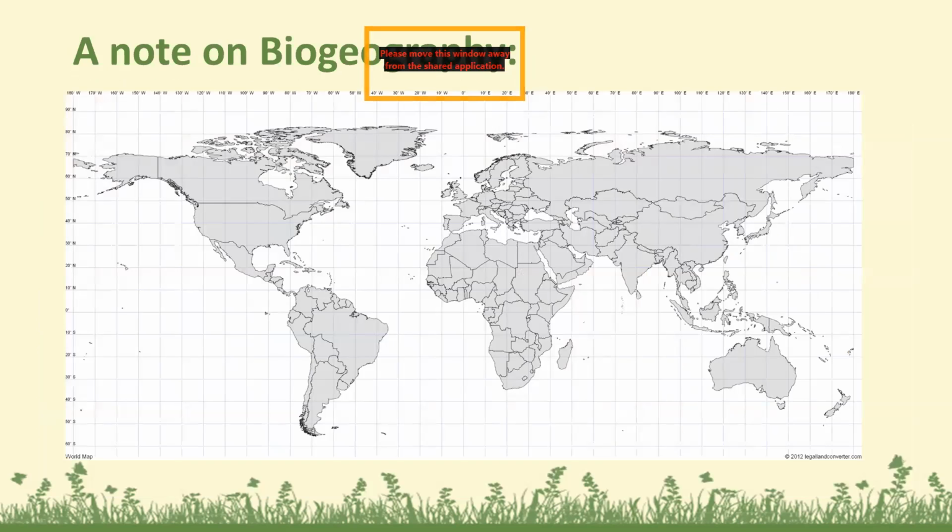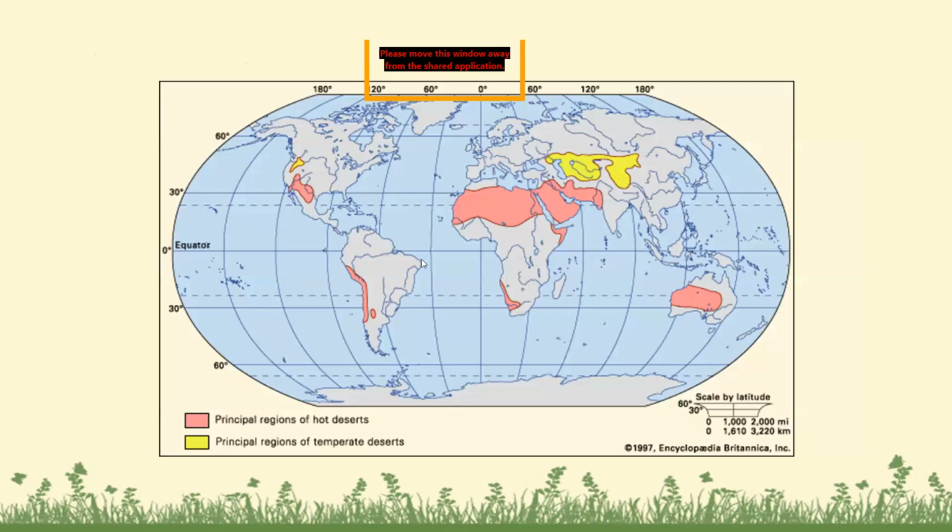So just before we get into trees, I kind of want to point out where we're at in terms of USDA hardiness and in terms of biogeography. If you look at Florida, we're at the same latitude as southern Morocco or Egypt. And if you think about it, these are the same regions where there's a lot of desert, hot deserts throughout the world on these 30-degree latitudes.